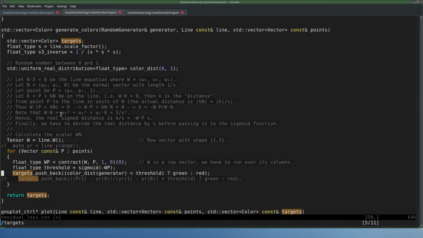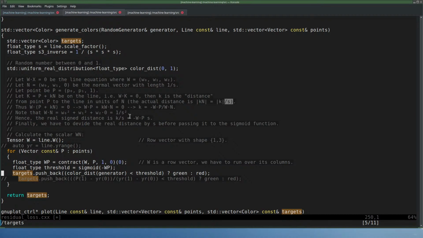Note that Wn is W0 squared plus W1 squared plus and so on. So that was the positive thing. The length of the normal, which is the square of the normal in this case, which is 1 over S squared. Hence the real signed distance is K over S. So the actual distance is that, but I want to keep the sign.